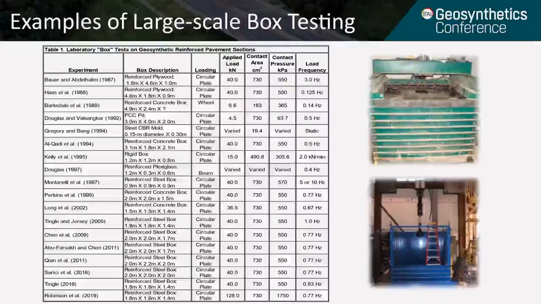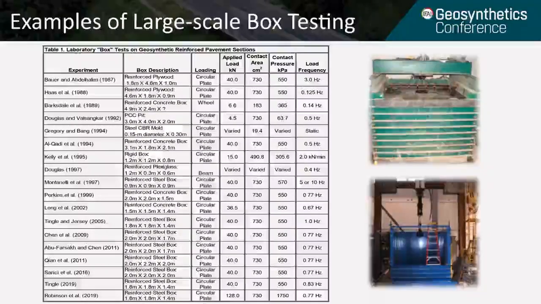The dimensions of the boxes have varied, but are sufficiently large to capture the global behavior of the geosynthetic reinforced pavement sections. Steel or concrete boxes have been used to minimize the deflections in the boundary walls to ensure that consistent load response behavior of the test specimens is achieved.